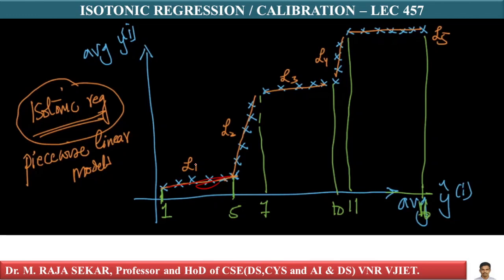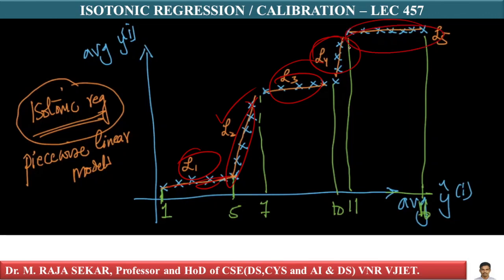What if I fit a line L1 here? Let me say this other line is L2. If I fit another line L3 here, another line L4, and if I fit another line, that is L5 here.